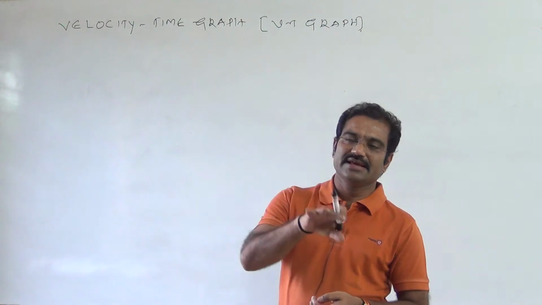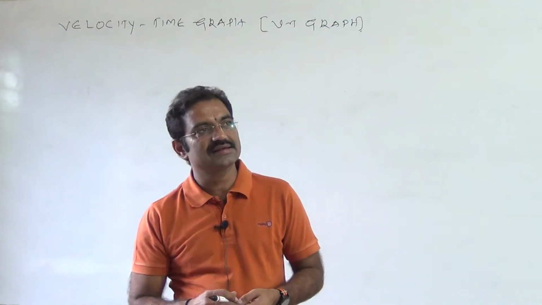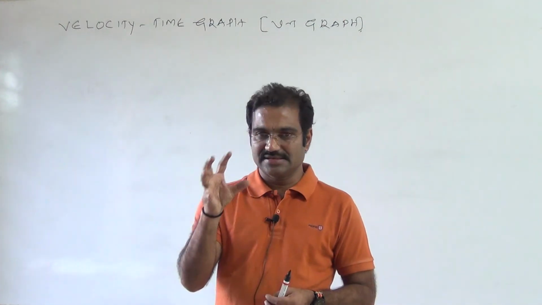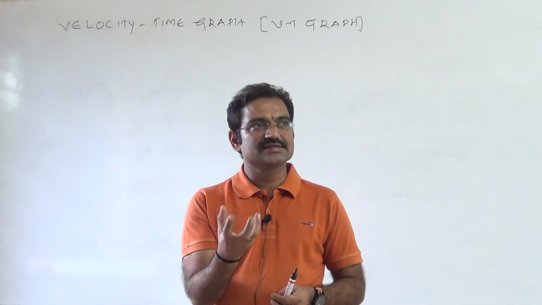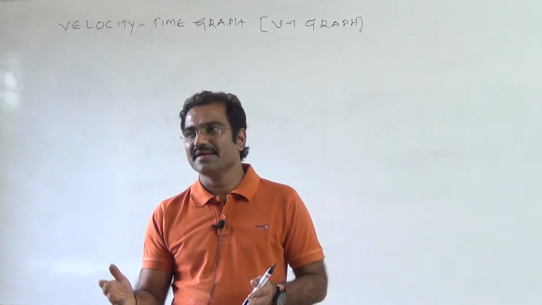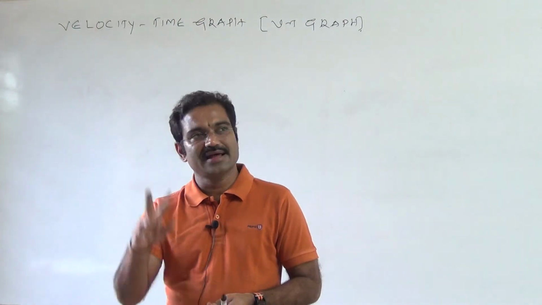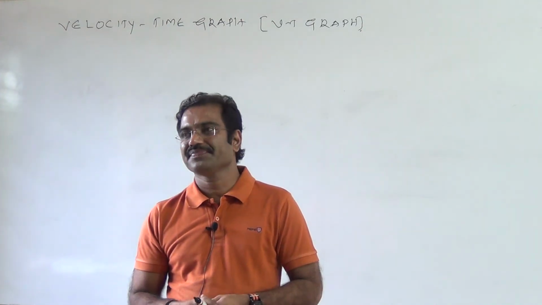In mechanics, again, there are two branches. One is statics and another one is dynamics. Statics is the study of the forces when the body is at rest, and dynamics is when the body is in motion. In that we have kinematics and kinetics.